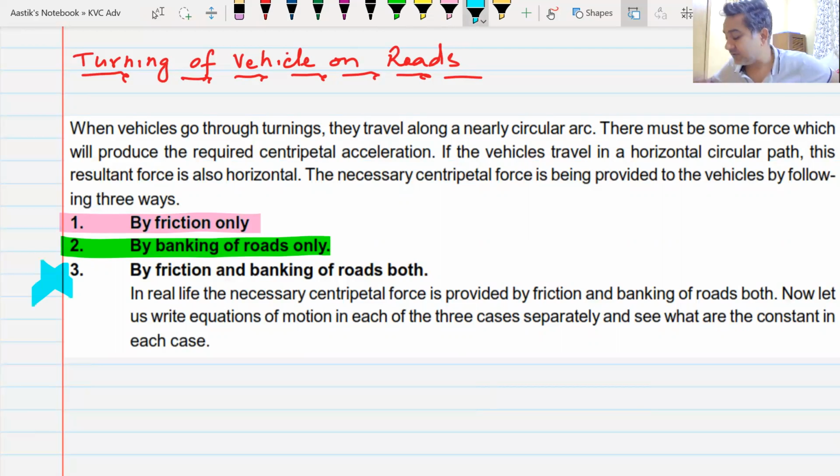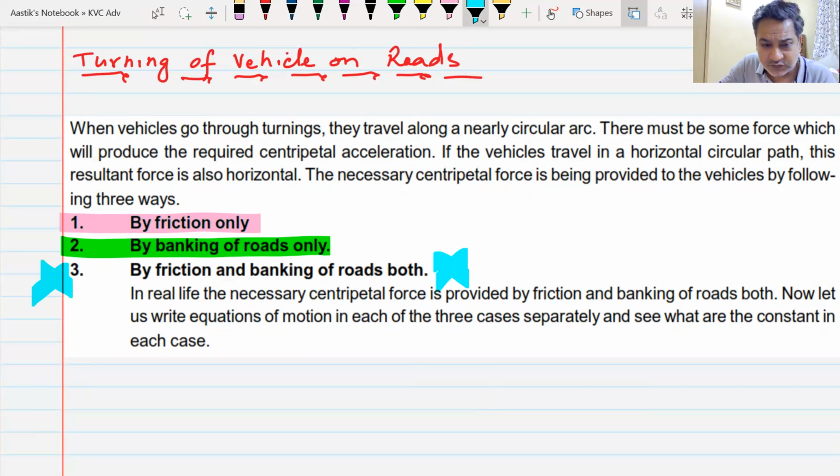We are not going to do this. So we are going to do only two cases here, where the vehicle is going to turn either by using only friction or by using only banking.